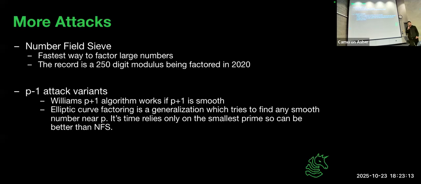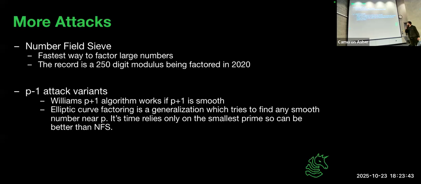We also have more variants on the p-1 attack. So if p-1 is smooth, we can factor it. If p+1 is smooth, you can also factor it using Williams' p+1. We also have something called elliptic curve factoring, which uses any smooth number near p, which has basically a 100% chance, so you can always factor it.